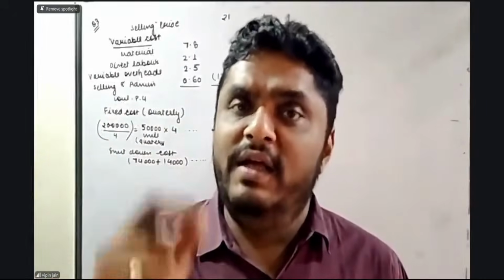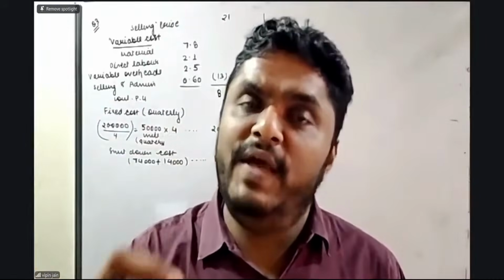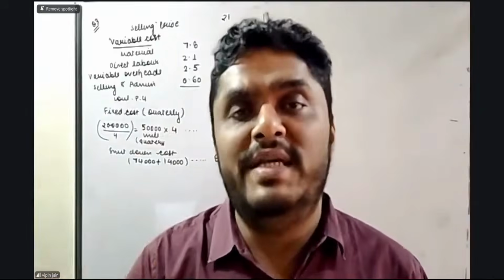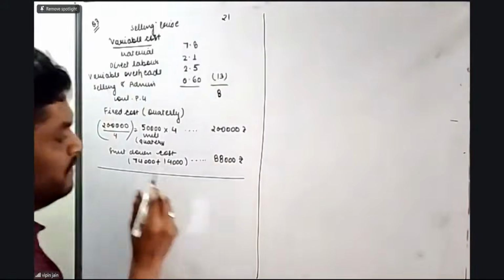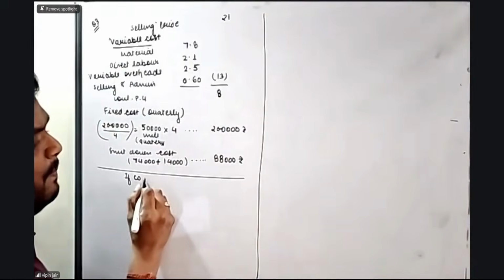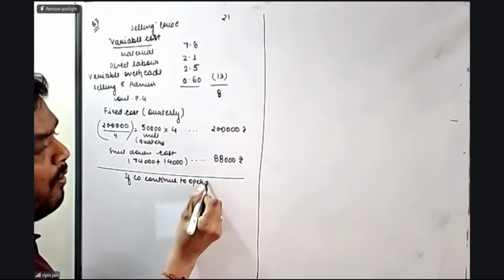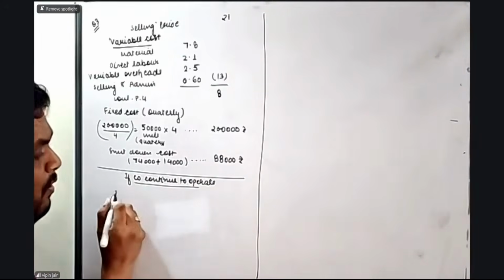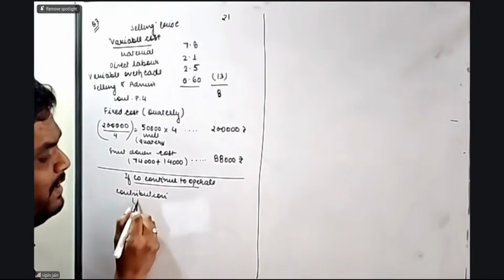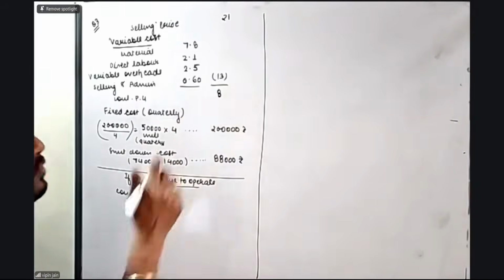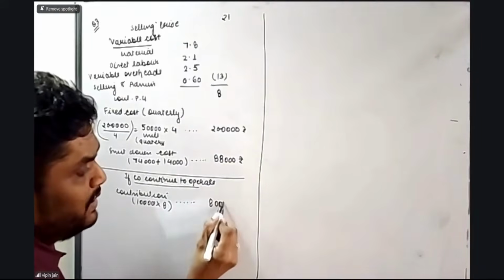So if we shut down also, there will be a loss of 88,000. So by running the plant, if we are getting 88,000 or more, we should basically continue with the operation. So let's say if the company continues to operate, my total contribution will be how much? For 10,000 units, the contribution per unit is 8, so the contribution will be 80,000.